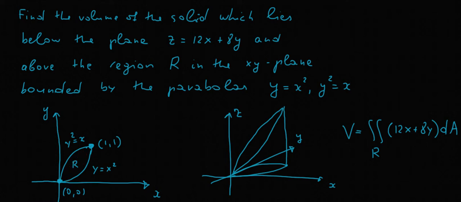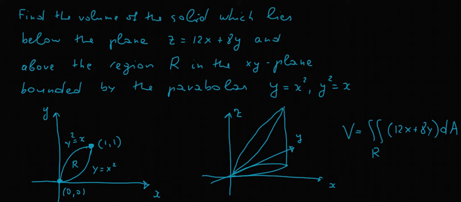It might also be helpful to visualize the solid. So here to the right I have a picture of the solid in 3 dimensions. We have the region R in the xy plane. We also have a slanted plane z equals 12x plus 8y, schematically, this side. And the solid lies between the region R in the xy plane and the slanted plane z equals 12x plus 8y.